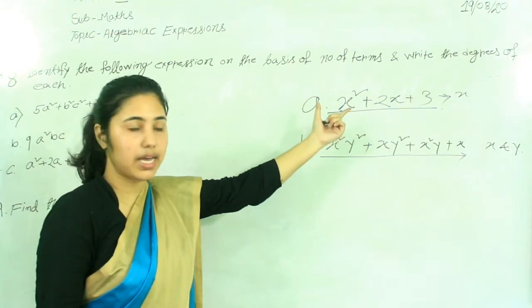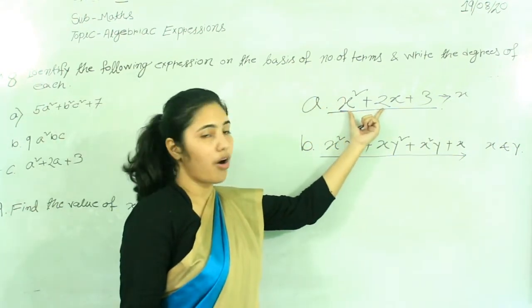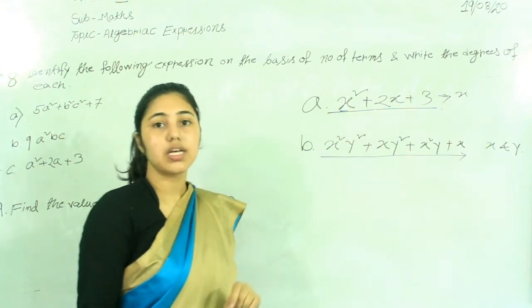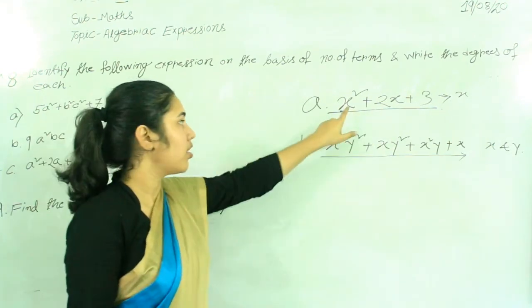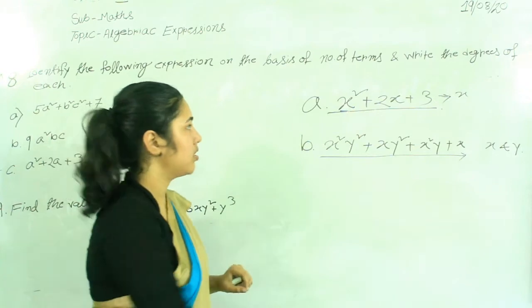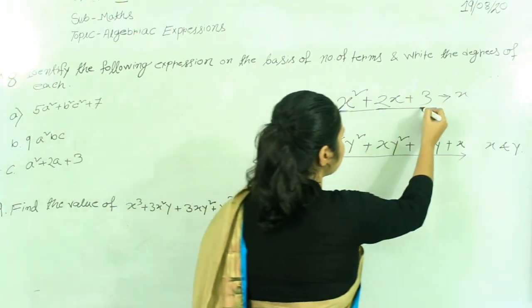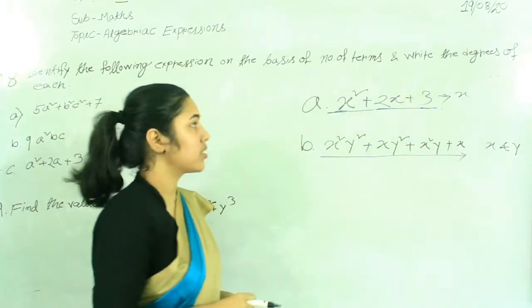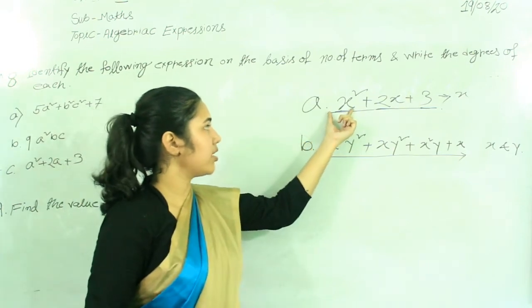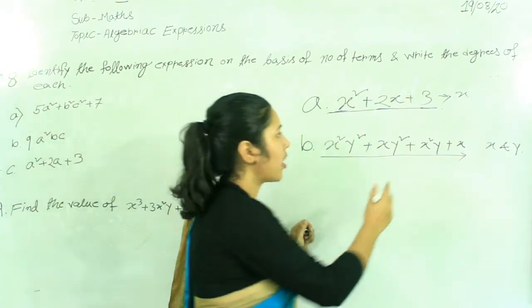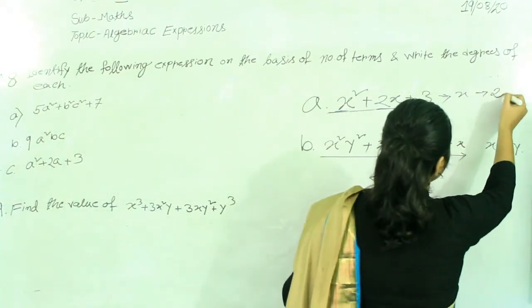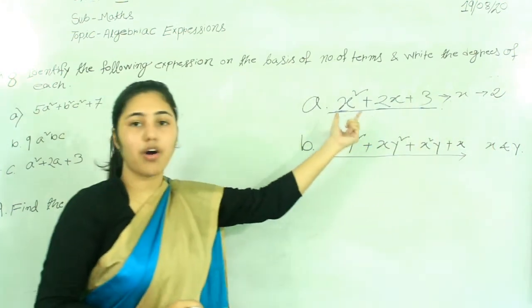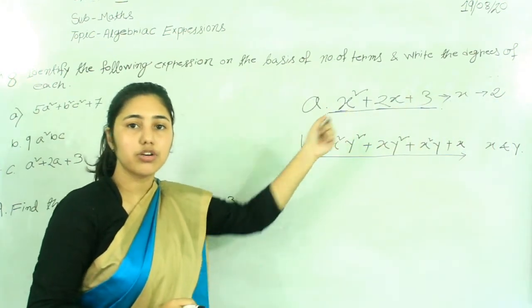In the first case, the degree of the expression is the highest power of the variable. Among these three terms, the highest power of the variable is 2, right? Which means the degree of this expression is 2.